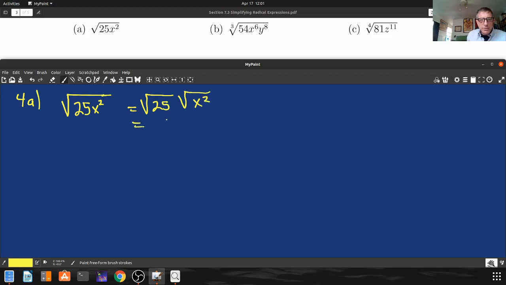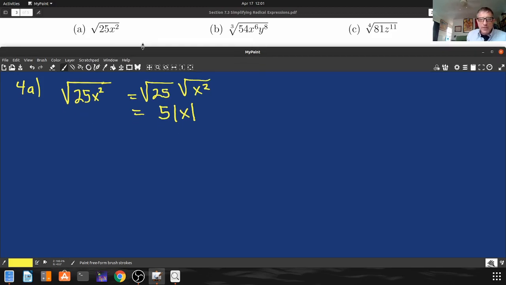Well, the square root of 25 is the positive root, so that's 5, and the square root of x squared is the absolute value of x. I haven't looked to see what the textbook actually gives for that problem. I think I would write them and complain if they did literally not put the absolute value sign there.